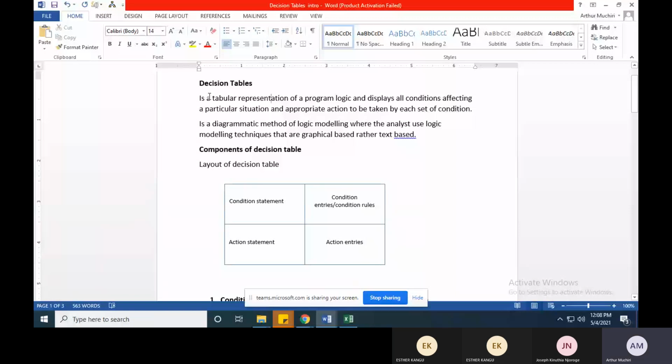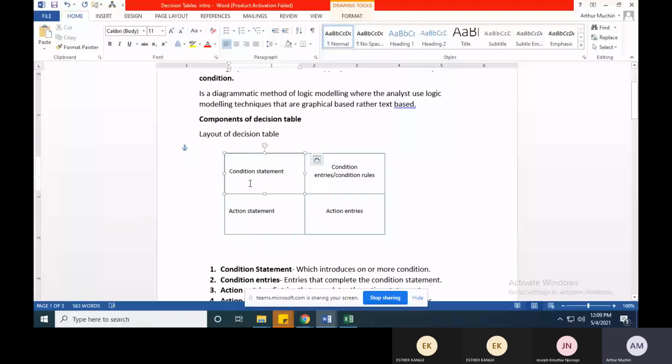So let's go back. When you look at this, we see that the conditions usually come at this first cell or rectangle here. Then after that, depending on the number of conditions, you can have 2 conditions, 3 conditions, and then you raise them to the power of what?